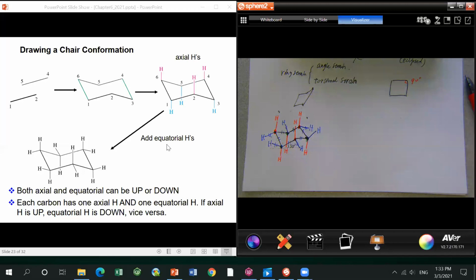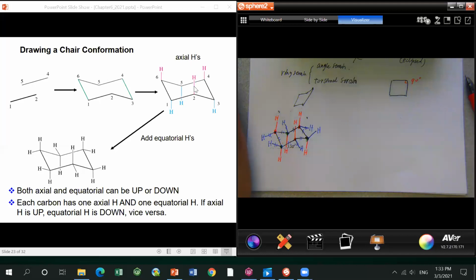After that, if you follow the rule, it should be easy to draw. But unfortunately, each year we always have some students with difficulty drawing the chair conformation of cyclohexane. Just keep in mind to do it stepwise. Draw two parallel lines, then connect everything to make the chair conformation with the carbon framework.